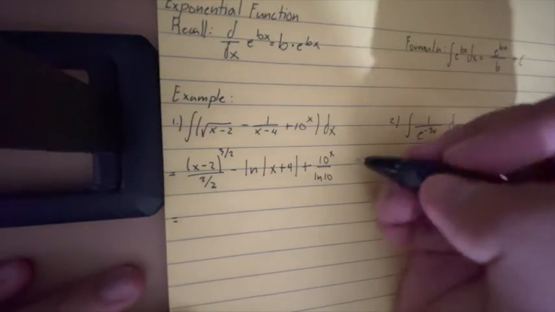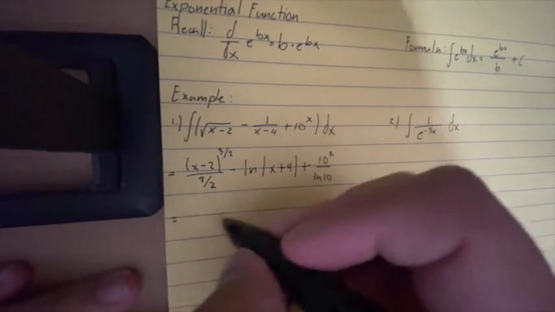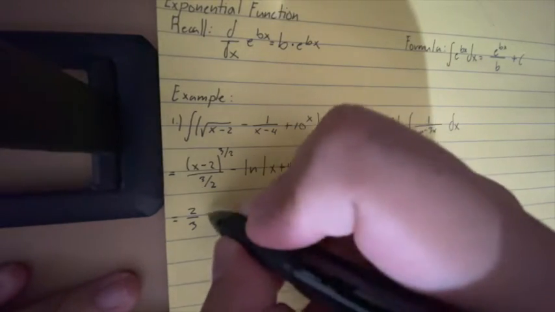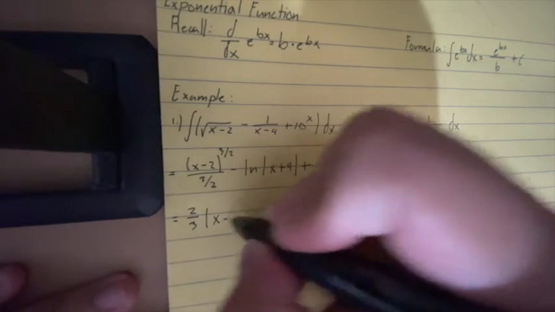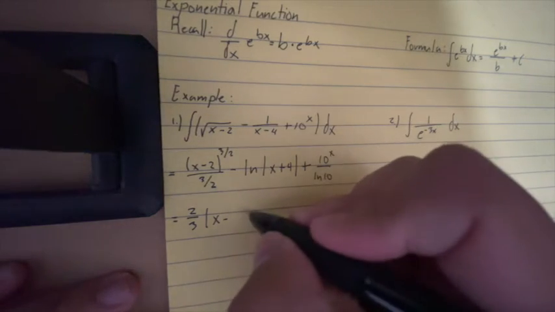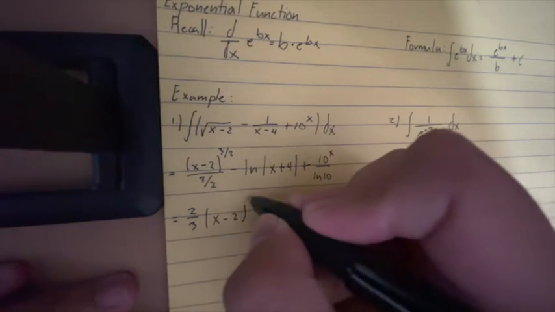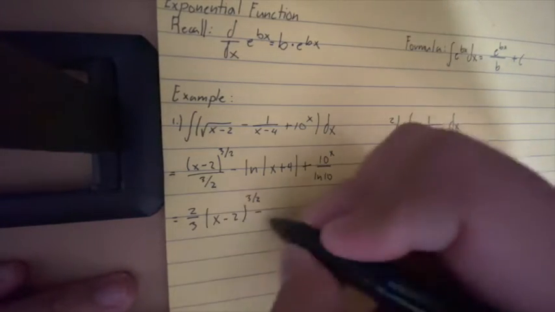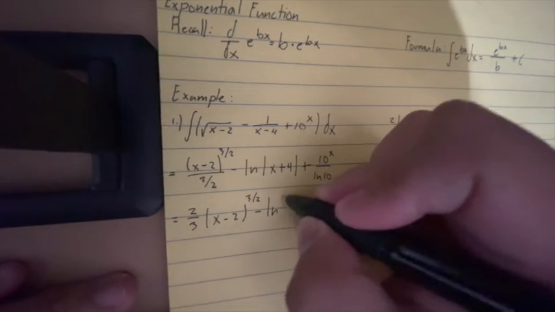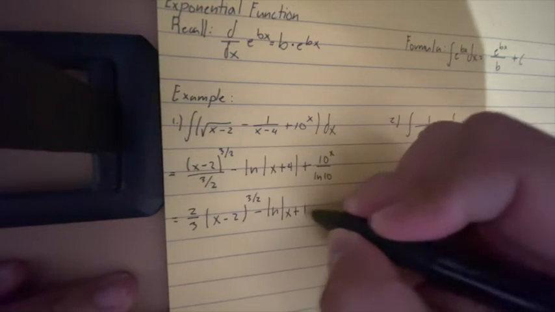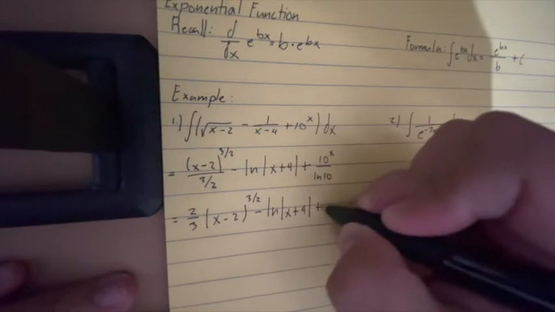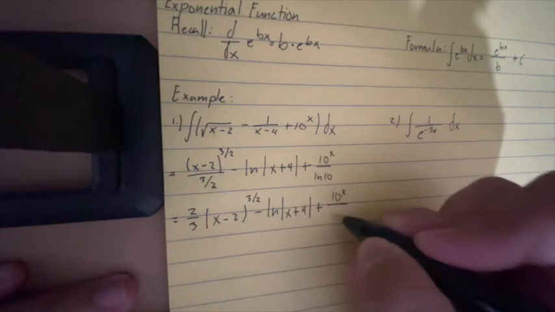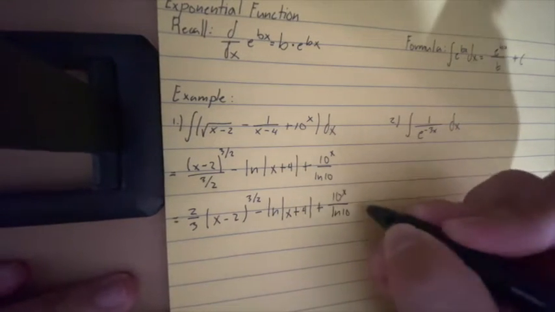Next, since we have the constant, we're going to put 2 over 3 times the value of x minus 2 raised to 3 over 2 minus the ln of the absolute value of x plus 4 plus 10 raised to x over ln 10 plus the constant.